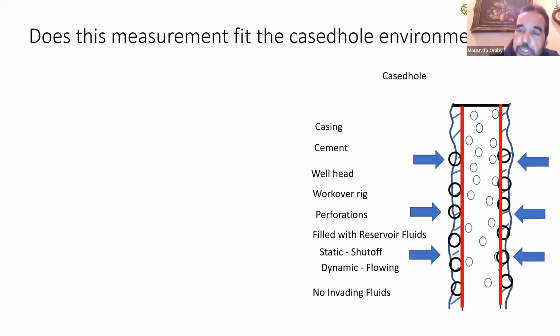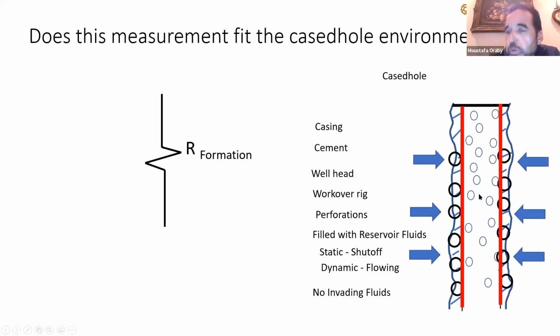Here is our situation. Here is our casing, here is our cement, and here is our formation. Now, if I need to measure resistivity, I will have two resistivities. One is the formation resistivity, with the cement, and the second is the casing, because casing is a metal. The metallic component is the casing, and the non-metallic components are the cement and the formation.